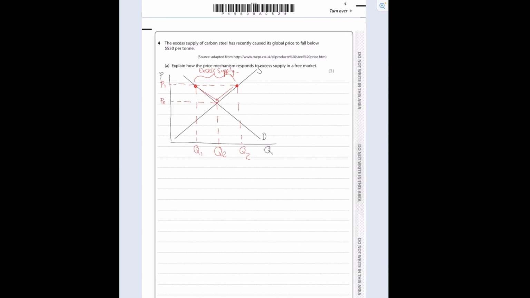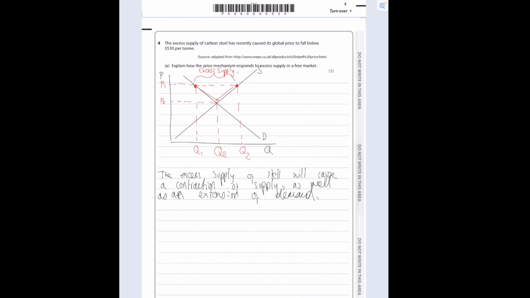So if I go back to black, the excess supply of steel will cause a contraction of supply as well as an extension of demand.